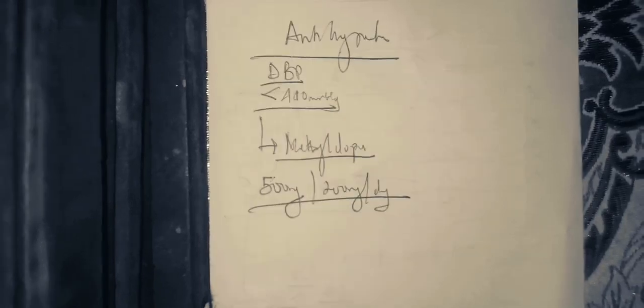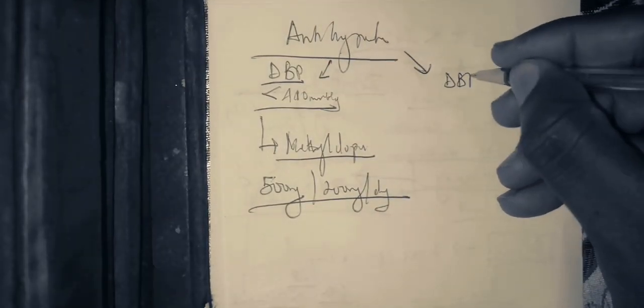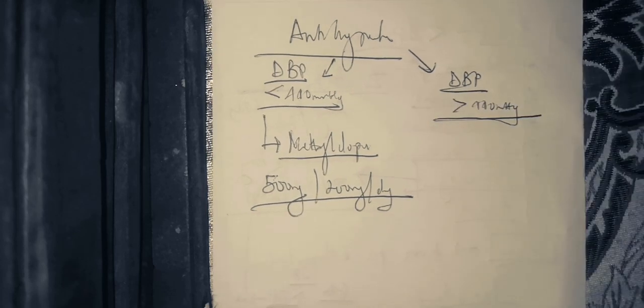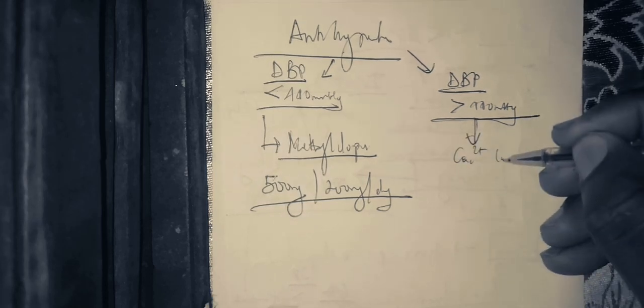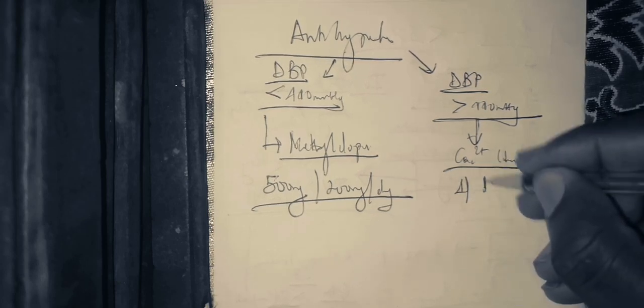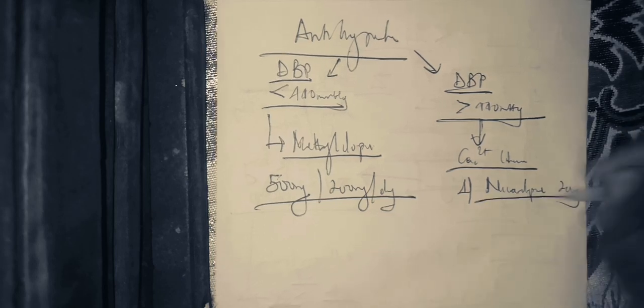You give methyldopa. Now, when the diastolic blood pressure is instead more than 110 millimeters of mercury, it's an emergency in the case of severe preeclampsia. In this case, you can use a calcium channel blocker. The first one is nicardipine 20 milligram.